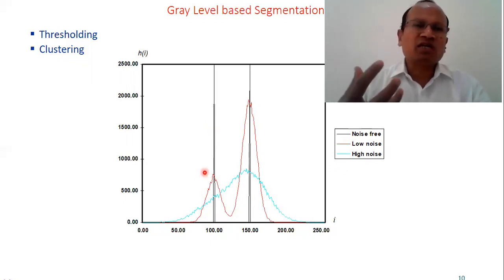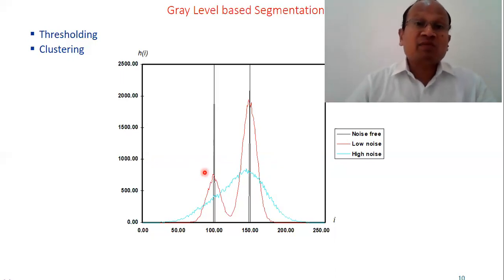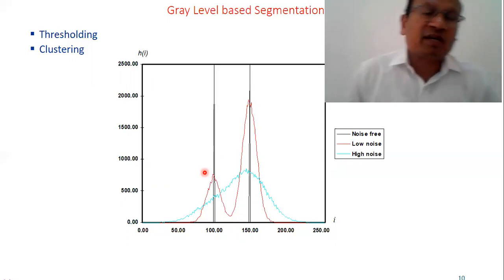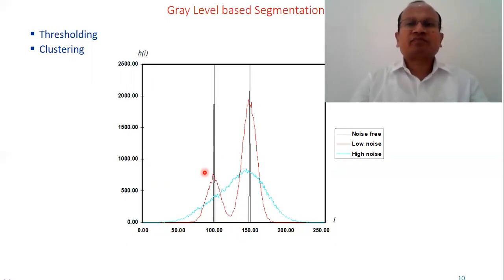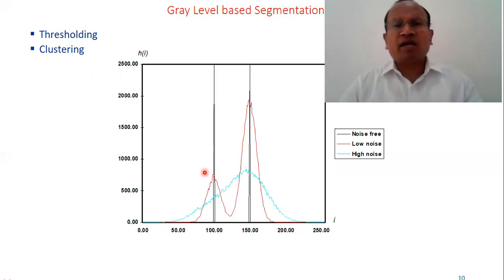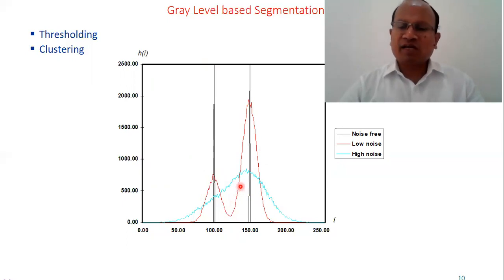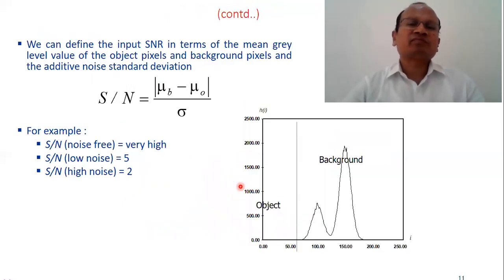The pixels which are noisy, the pixels which have been affected very much by noise, the pixels which are free from noise, all these can be clearly segmented and clustered by choosing a suitable threshold value. You choose here, there is one threshold, there is one threshold. So between this and this area, the segmentation can be made.